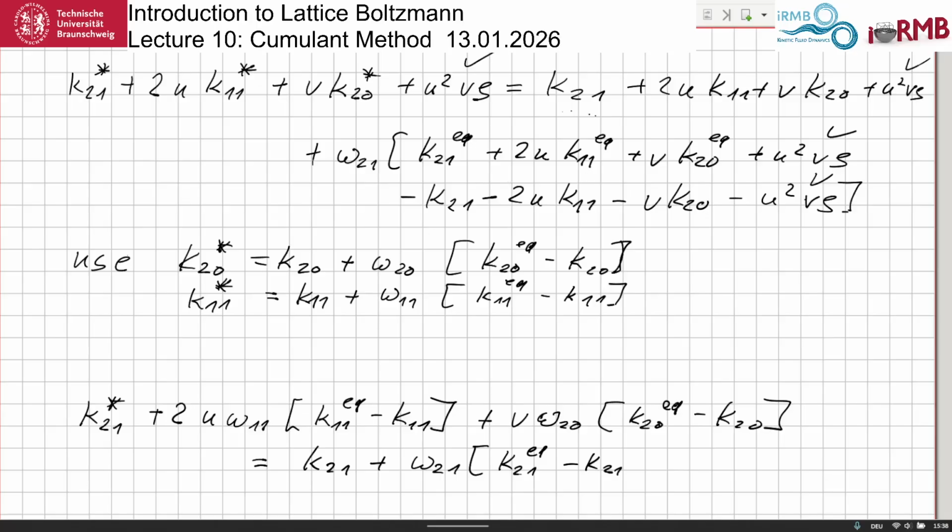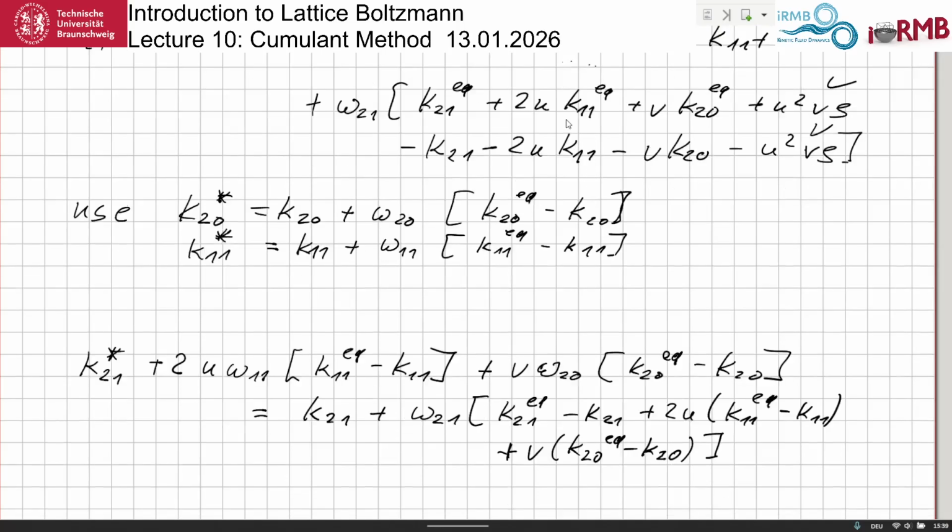I'm grouping the equilibrium minus the non-equilibrium together. So here I have U (K11 equilibrium minus K11 before collision) plus V (K20 equilibrium minus K20), and that's it.